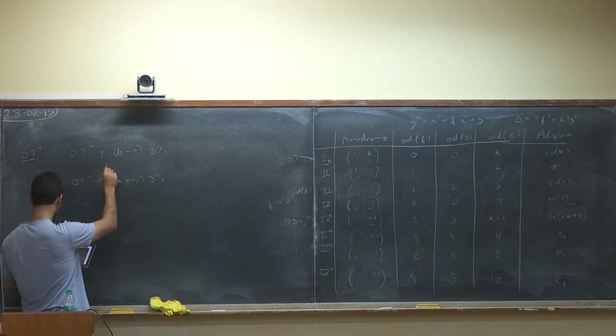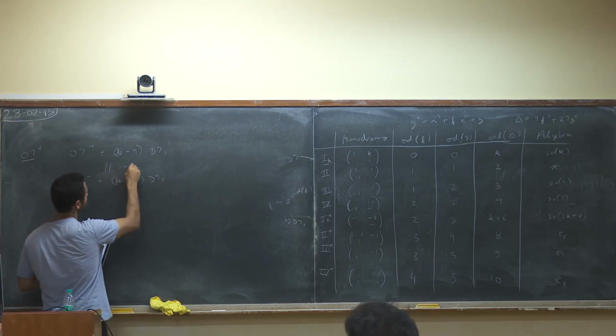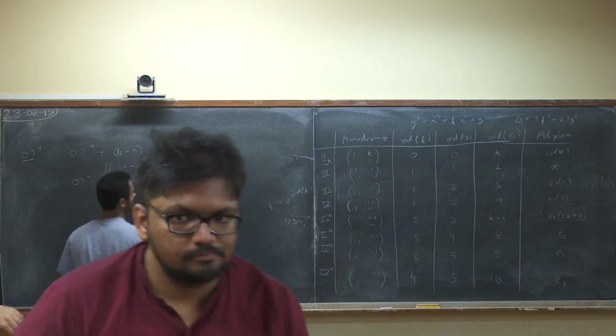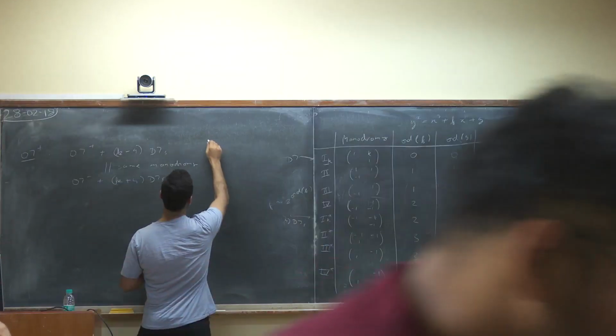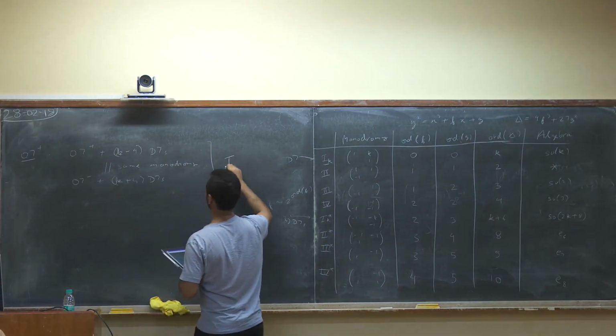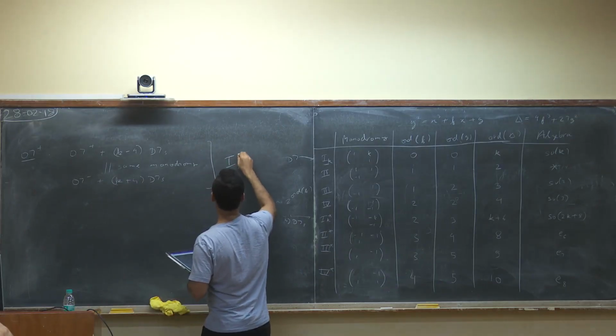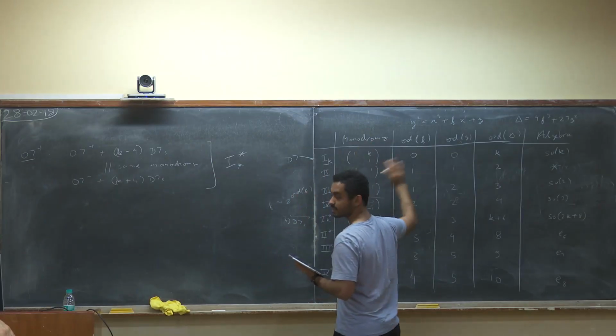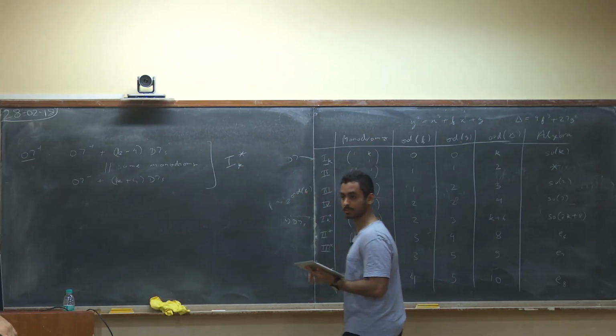So this means that they have the same monodromy. And so both of them should be described by the IK star singularity as far as the Weierstrass equation is concerned.